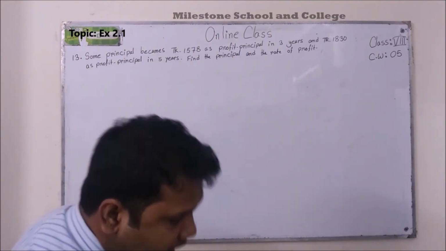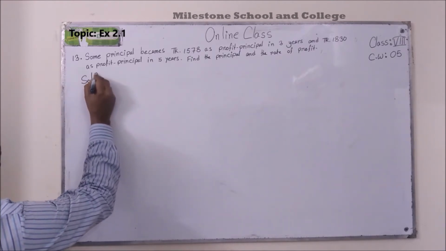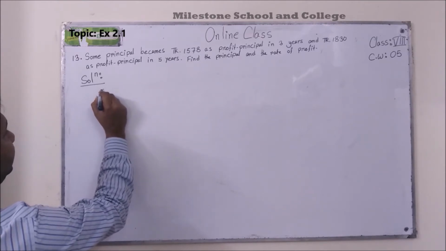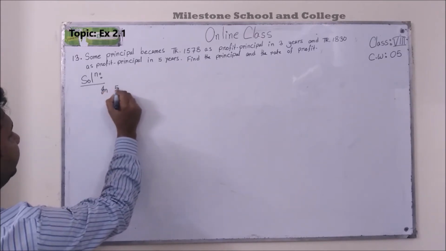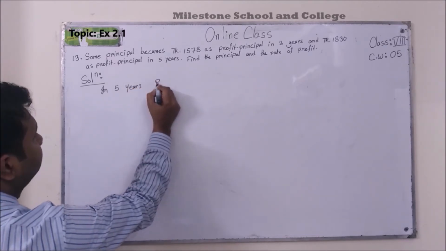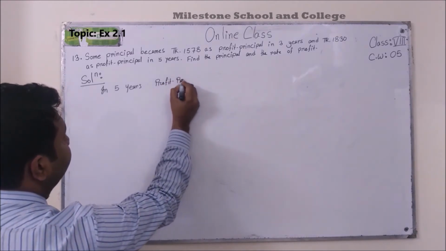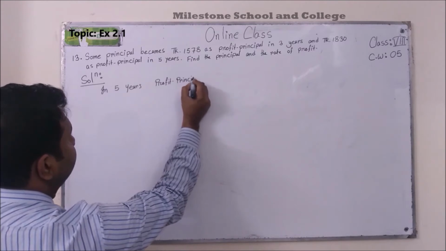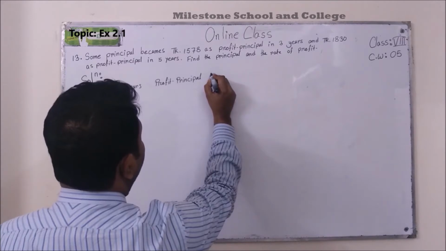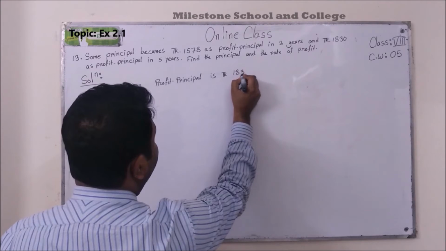So we are going to write: in 5 years, profit plus principal is taka 1830.